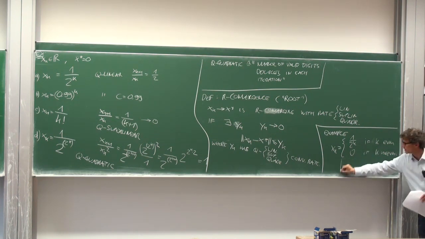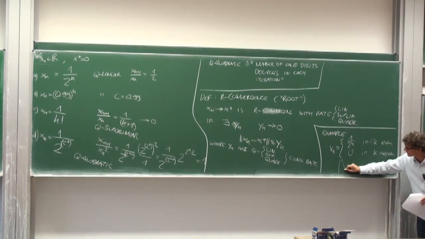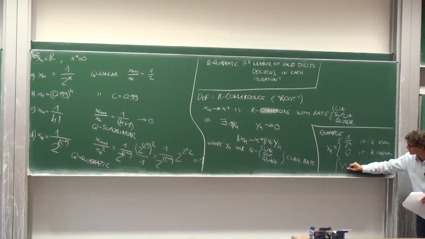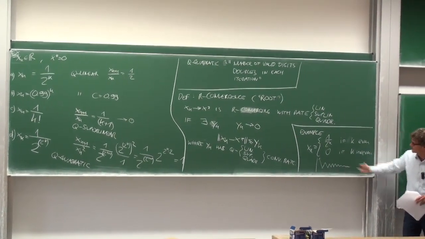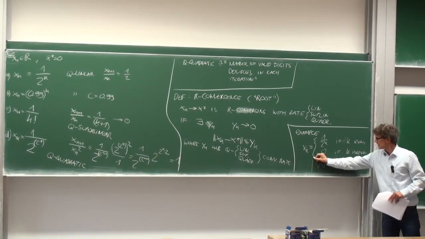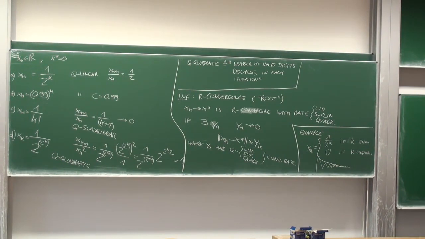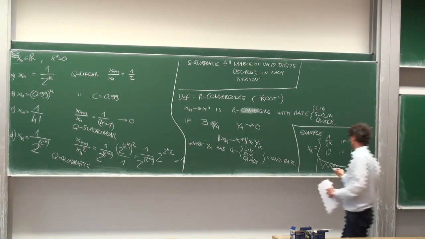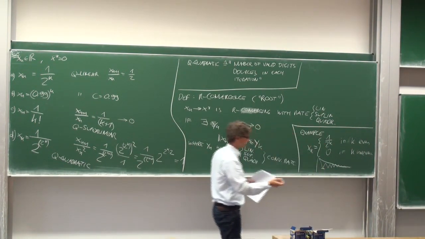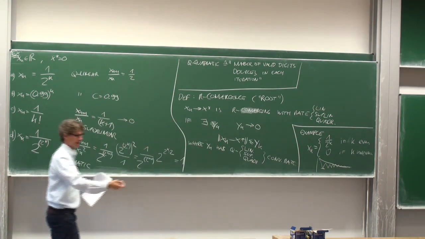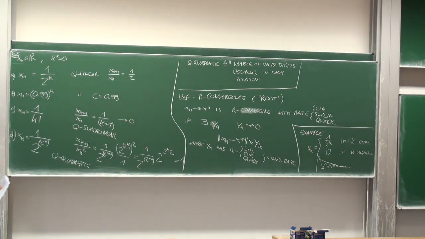So it's a sequence which would be big, then it's 0, then it's big again, then it's 0. It's converging, and it's also converging practically as fast as a linearly converging sequence, but I cannot bound my distance at one point based on the distance that I had before.